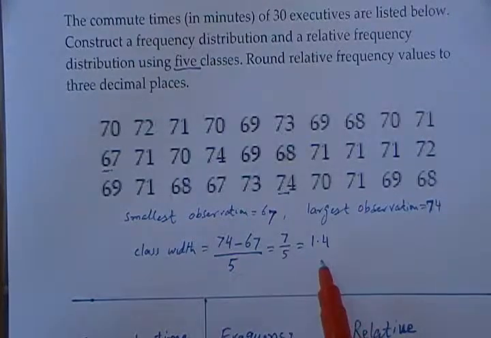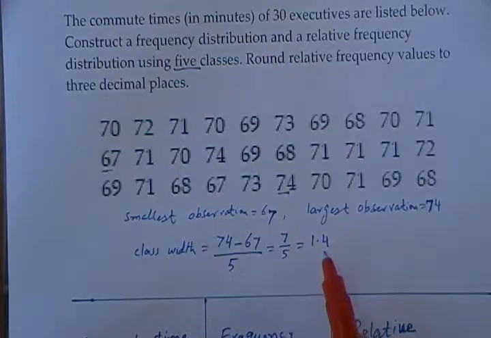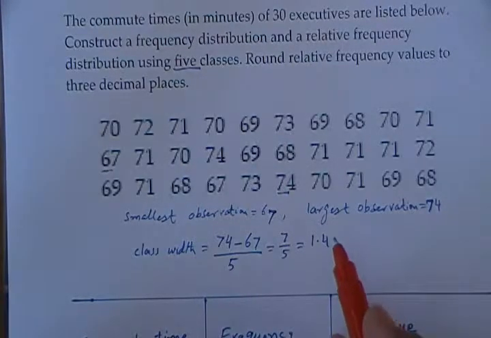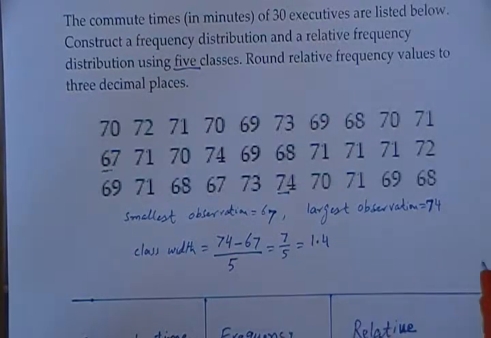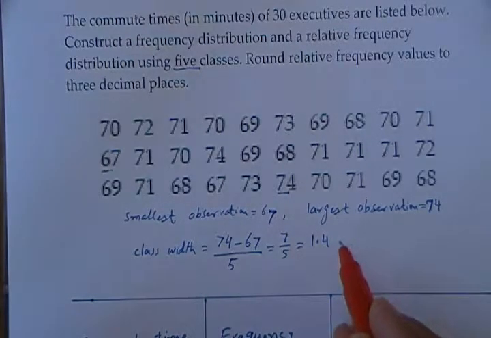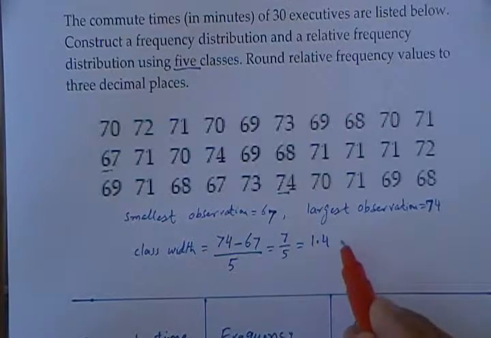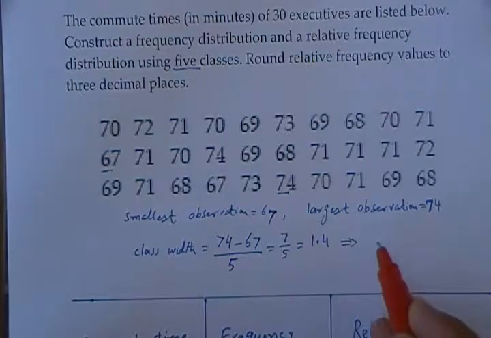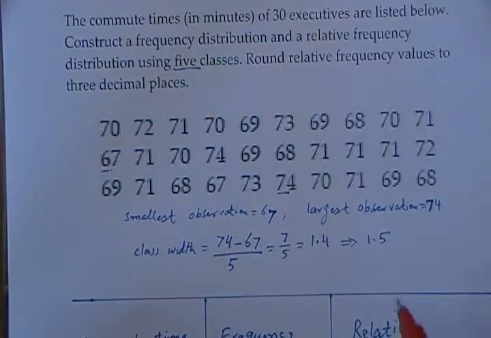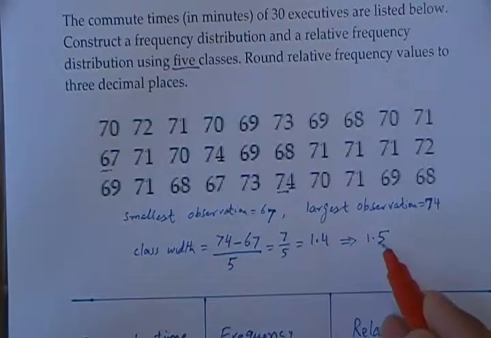Now you want your class width to be a little nicer number. You can keep it 1.4, but you can make it look a little better. What I would do is round it up a little bit, increase it, and make it 1.5.